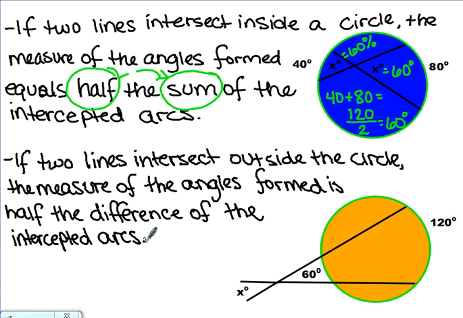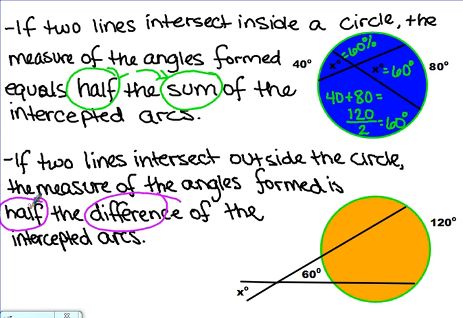When they intersected inside the circle, we added to find the sum and then divided by 2. When we have lines that intersect outside of the circle, we find the difference, which means we subtract our two intersected arcs and divide by 2, taking half of those intersected arcs.